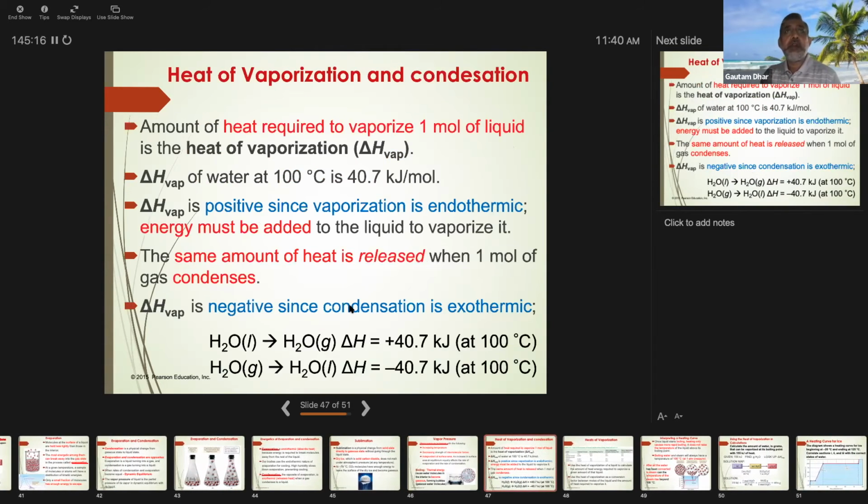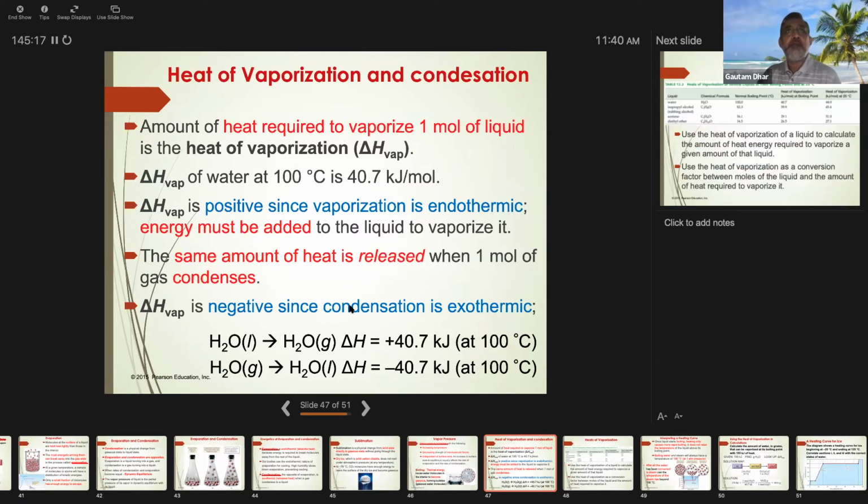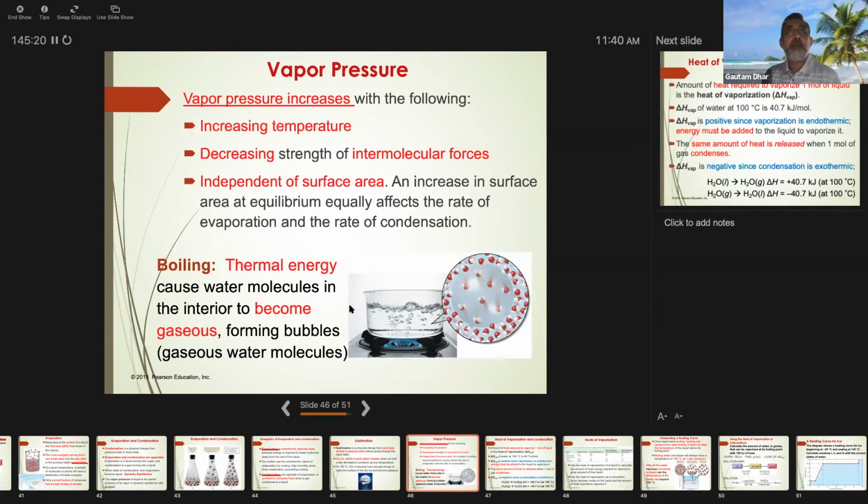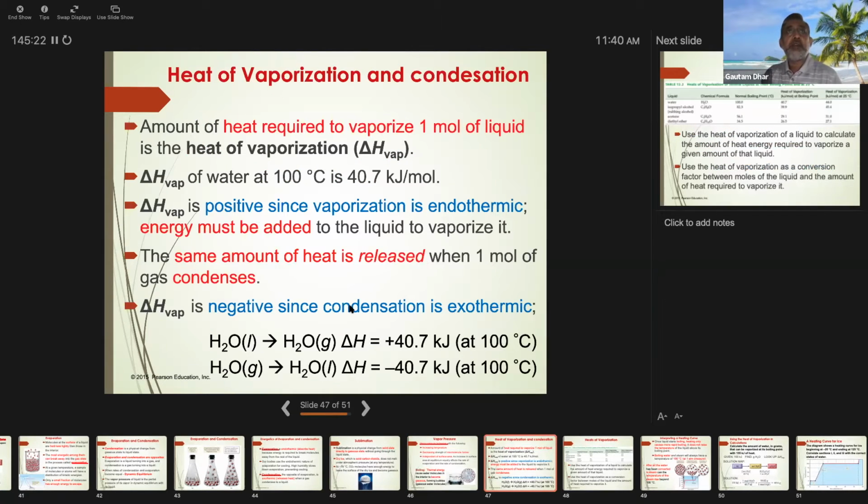Before we go there, we discussed the heat of fusion. Similarly, you can have heat of vaporization. For water, that is 40.7 kilojoules per mole or 2.26 kilojoules per gram.